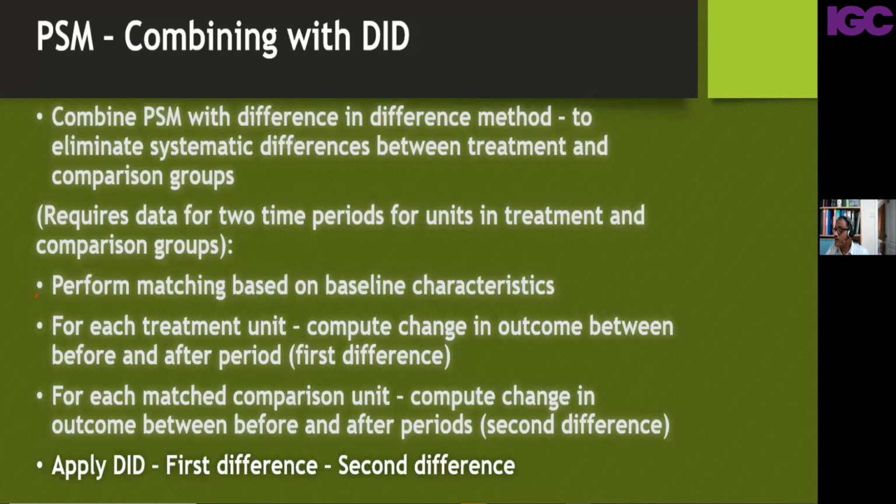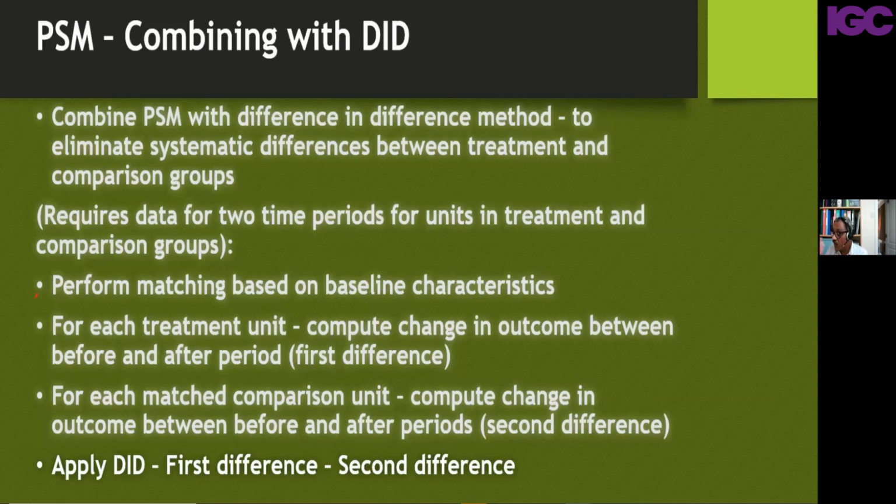So here what you are doing is you are first matching the units based on propensity score matching, and then you are applying the difference in difference methods.